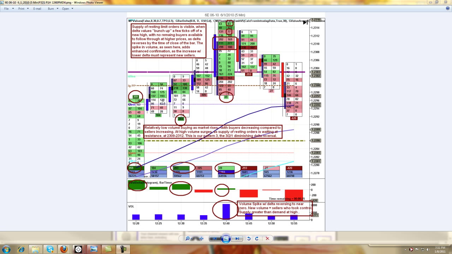So here's an example of a market that was moving up. And what happens when it finally is going to run out of gas, in hindsight? What you'll see, if you're watching it in real time, is that there is a supply of resting limit orders just waiting at a certain level, and this is quite typical actually, maybe 10 ticks past the handle.